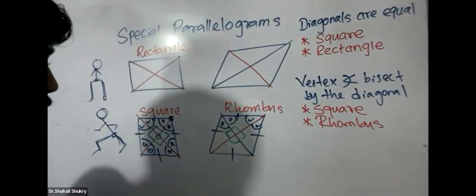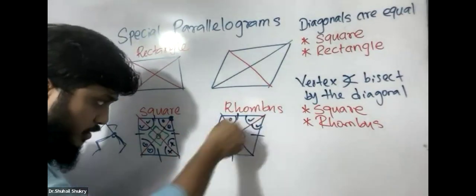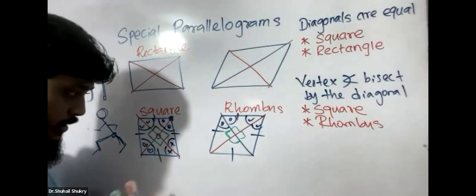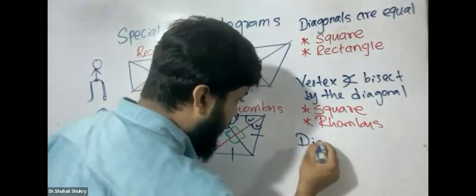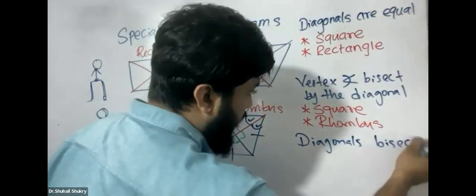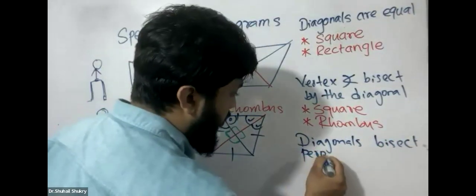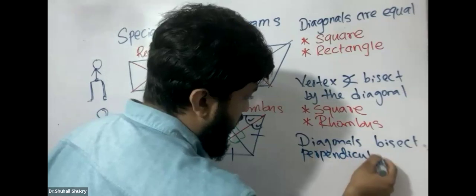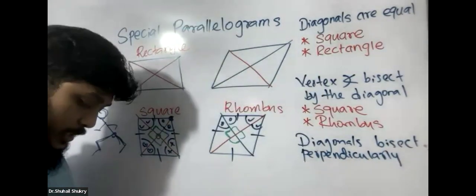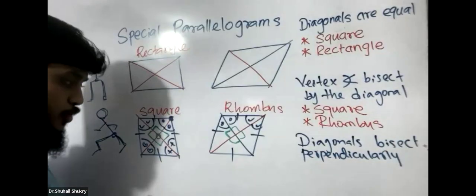So what you can see now is that the diagonals bisect. We'll add one more word: diagonals bisect perpendicularly. What are the two shapes here?